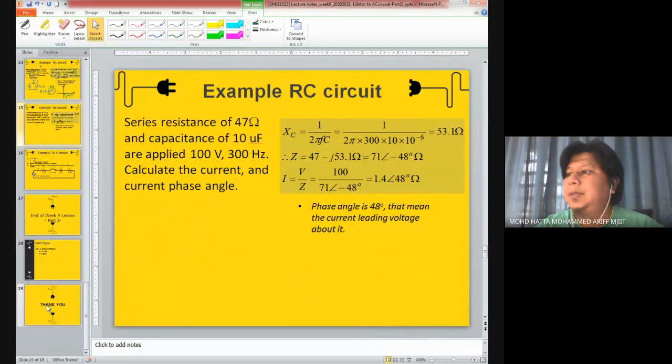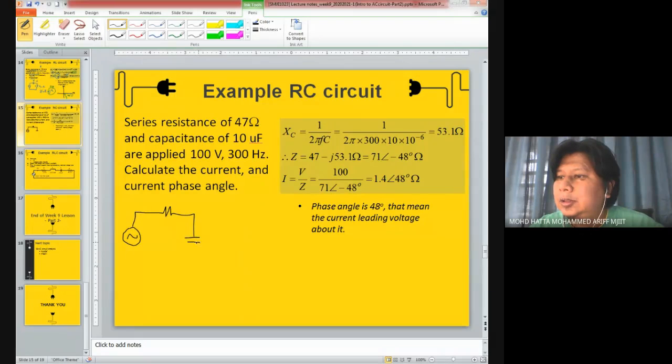Okay, same goes for this example. In this case we have series resistance and capacitance. If you draw back the circuit according to the question, we have a resistor in series with a capacitor. And the voltage over here, we need to calculate the current, right?